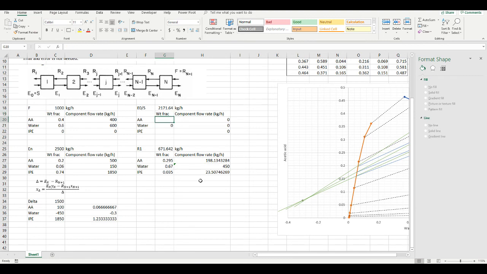Now that we know that, we can easily find the remaining weight fractions by simply performing some mass balances. We know that this acetic acid flow rate is once again equal to R1 plus En minus F. And we can say the same thing for the IP flow rate.